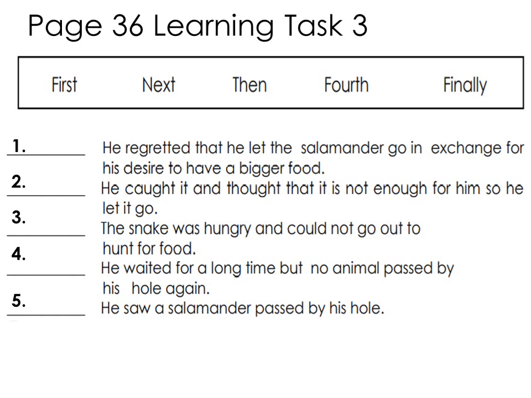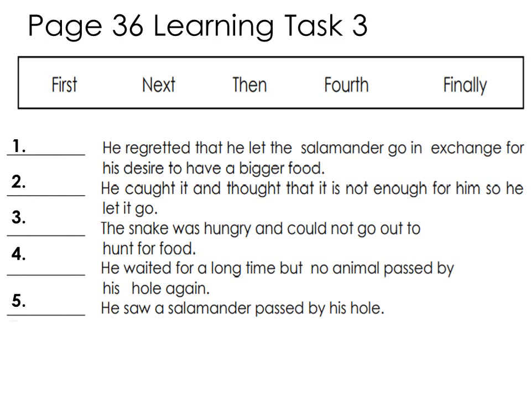So for number 1, he regretted that he let the salamander go in exchange for his desire to have a bigger food. Number 2, he caught it and thought that it is enough for him, so he let it go. Number 3, the snake was hungry and could not go out to hunt for food.